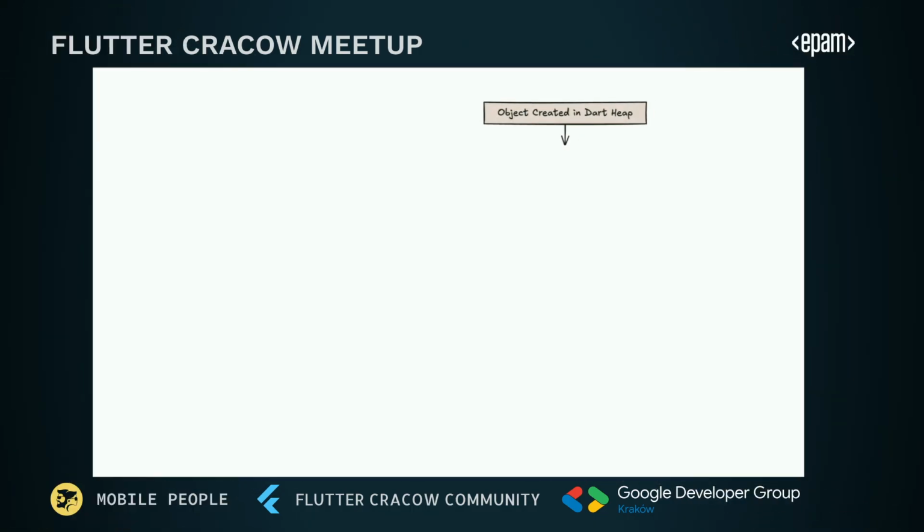Every object, this is true in many languages, lives in memory, which is also called the heap, right? It starts from a root object reference. So you have an object that is referenced and everything starts from there.